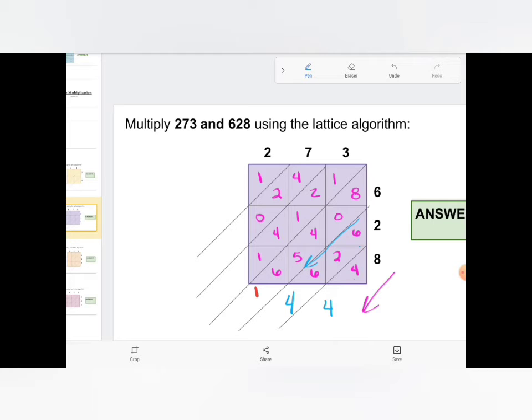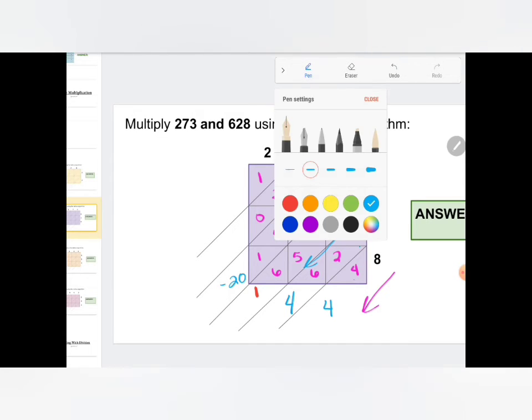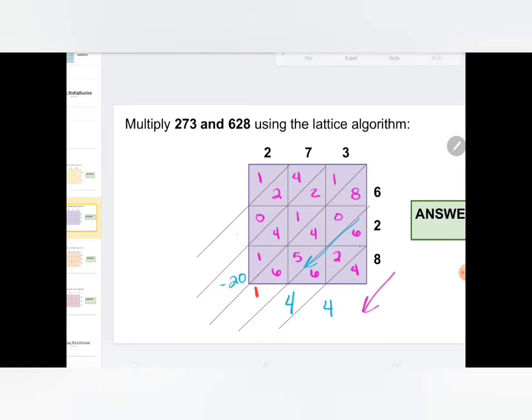And when we add all of this together, we get 24, which is too much. We need one digit. And since we have 24 and we're in the 20s, we can subtract 20 out of that. We're going to subtract 20 out of that, and we're going to add 2 to the next row.